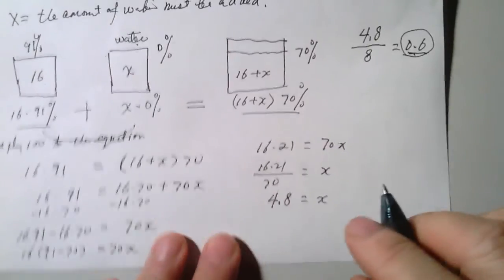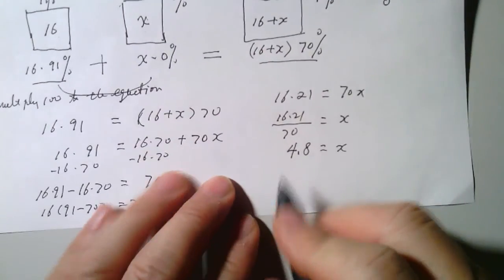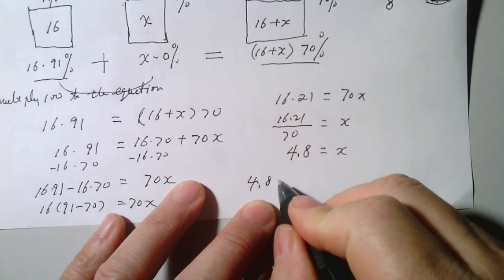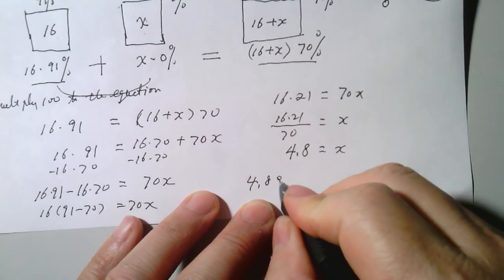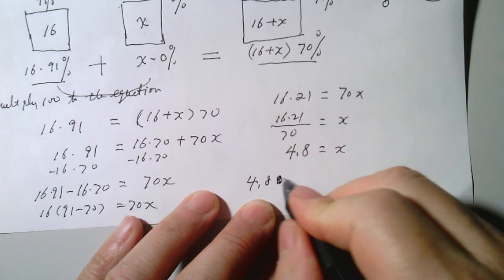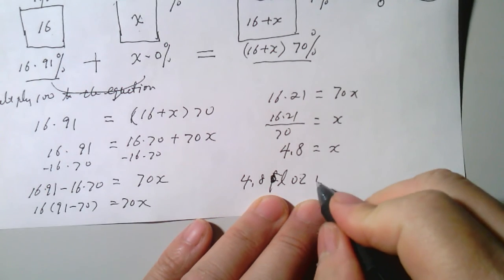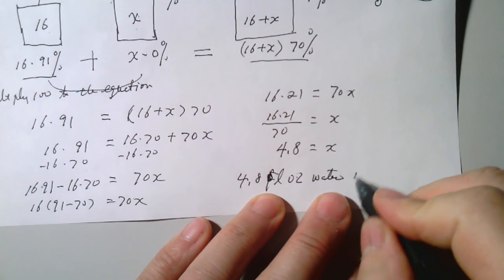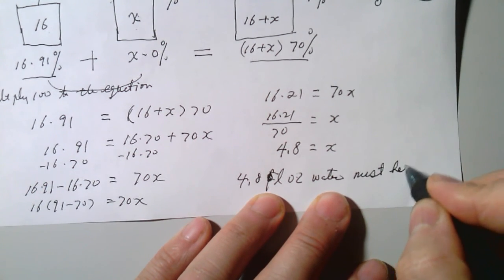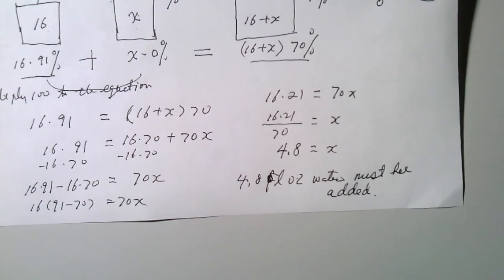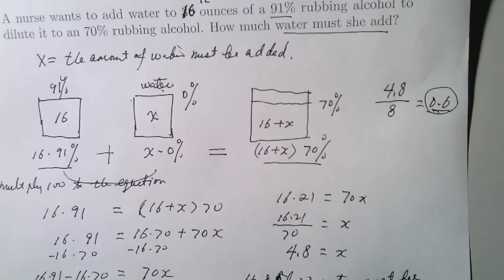So we say 4.8 fluid ounces, or 0.6 cup, of water must be added. Okay, that's the end of this video.